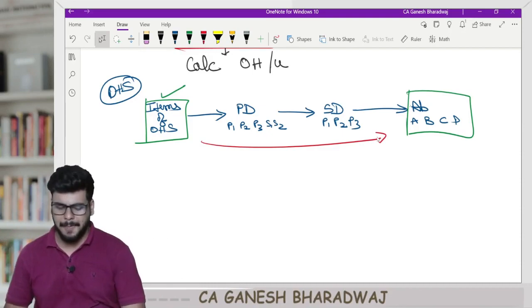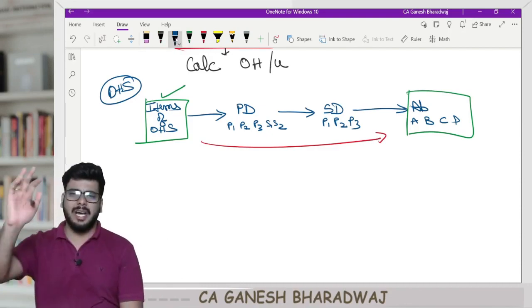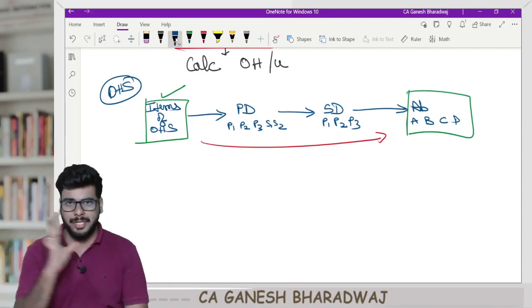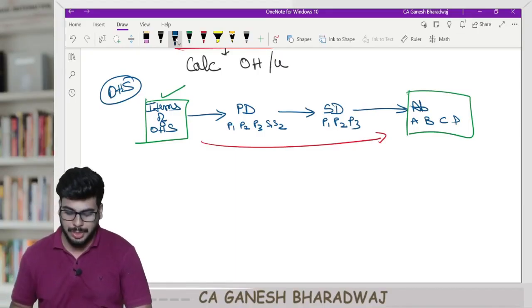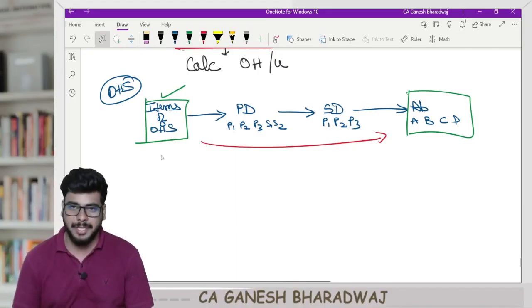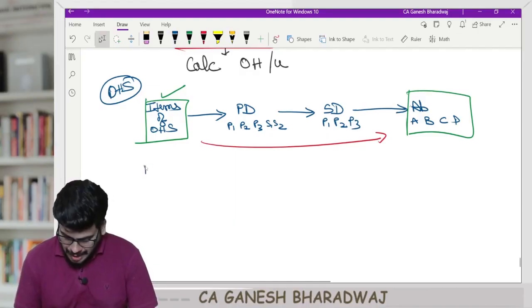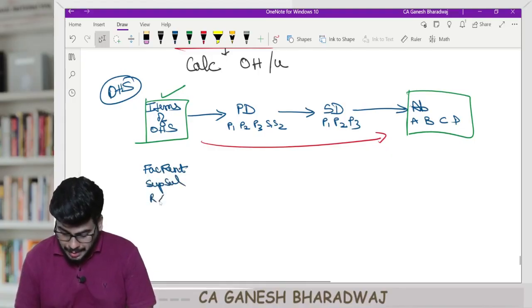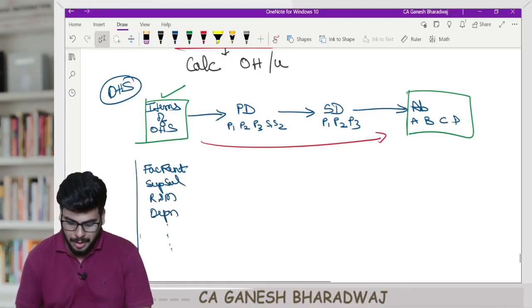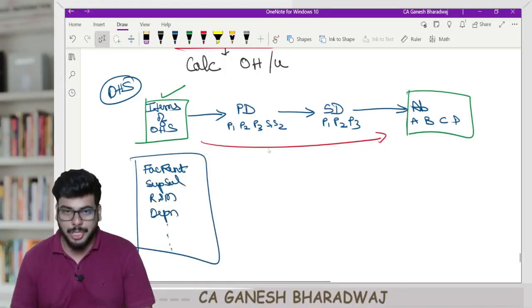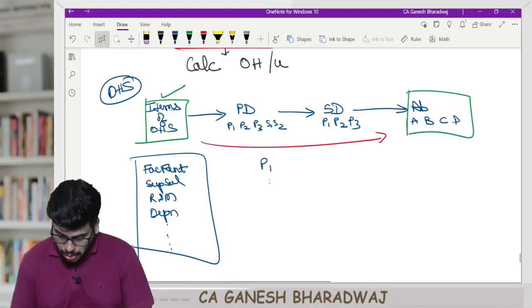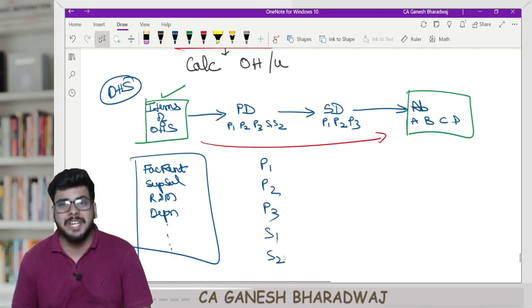Clear with this, guys? Now, in our traditional costing, the previous chapter, overheads, there are line items of expenses like your factory rent, your supervisor's salary, your repairs and maintenance, your depreciation, and so on. What we did was apportion each of these line items to all the departments. Why did we do that?